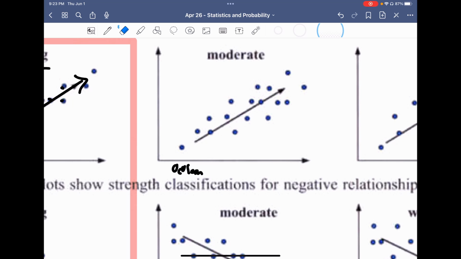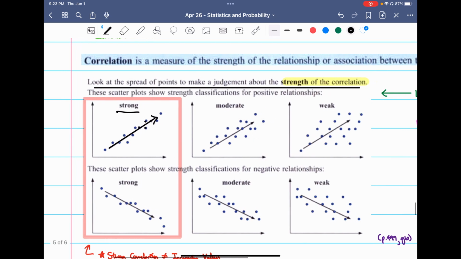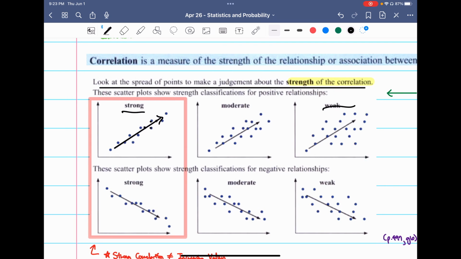So actually this shows a pretty good correlation. Maybe that's the case. The judgment is yours. I don't think the IB will ever penalize you for calling these two types of graphs one strong and one moderate, but you cannot call a weak correlation graph a strong correlation.